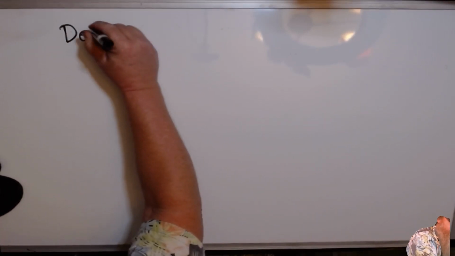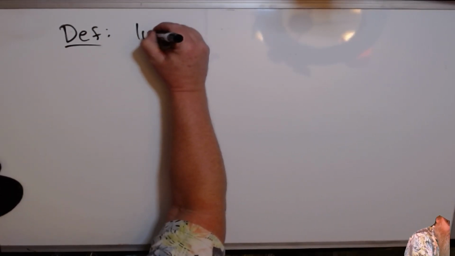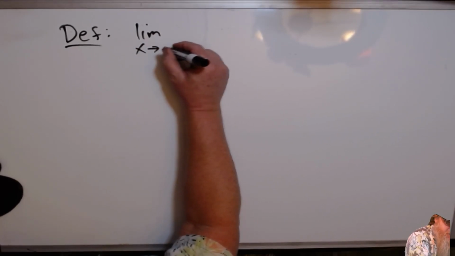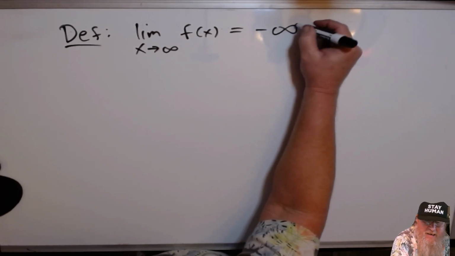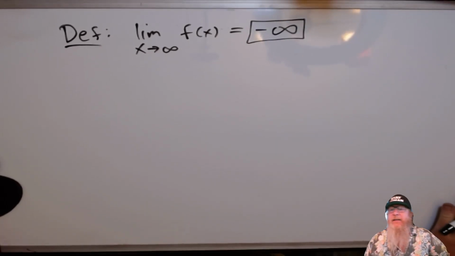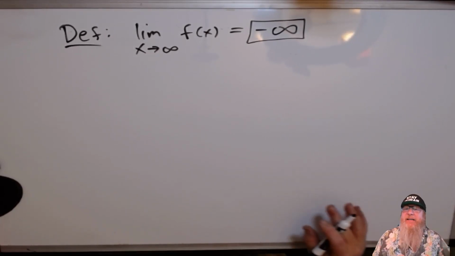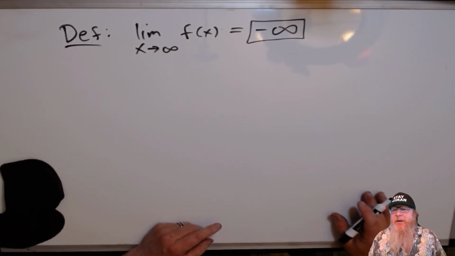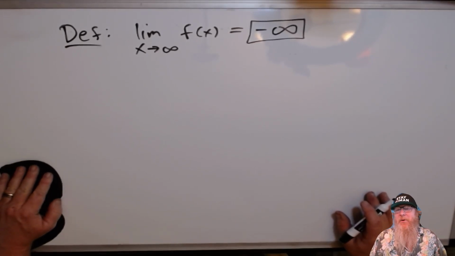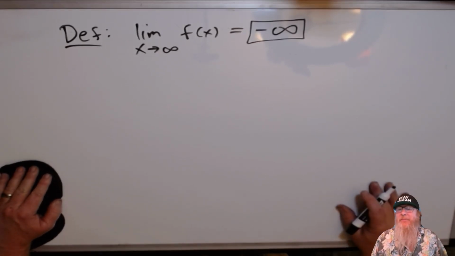So the definition, the limit as x goes to infinity equaling negative infinity is defined very similar to the other definition for positive infinity, right?